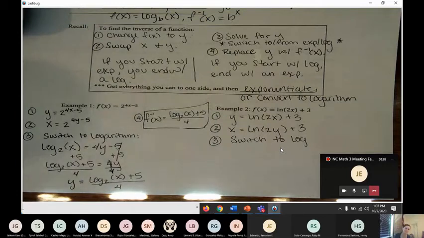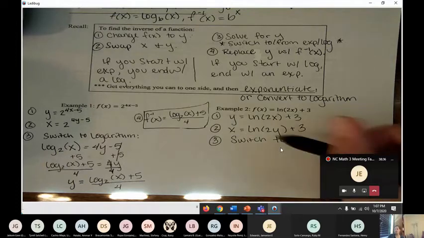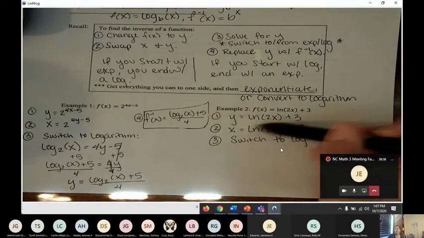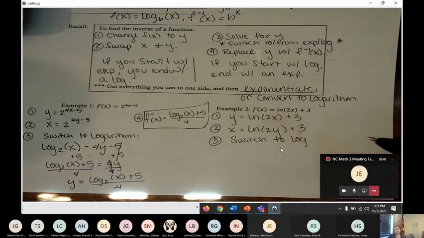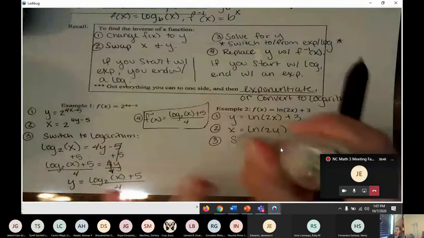Stephanie. Yeah. All right, so we're switching to a logarithm. I'm sorry, we're in logarithmic form, so I need to switch to an exponent. So what's the base of this logarithm right here? Oh, I'm sorry, Stephanie. I'm just messing you up.